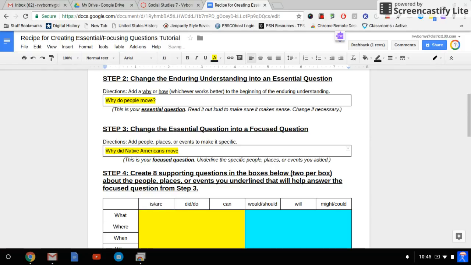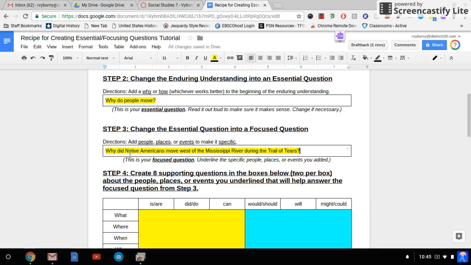And the place that we're going to look at is west of the Mississippi River. And we can pick an event. I'm going to say during the Trail of Tears? Question mark. So why did Native Americans move west of the Mississippi River during the Trail of Tears?